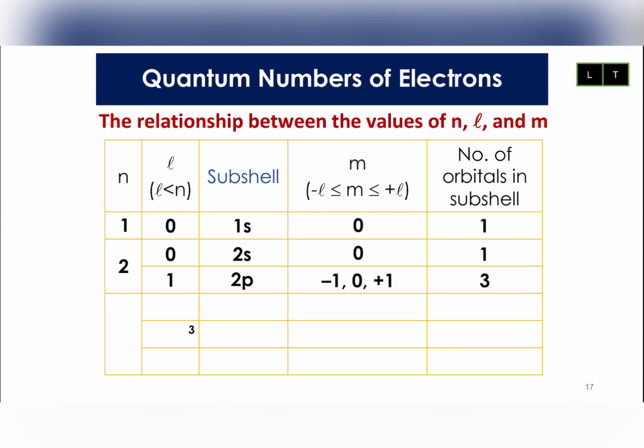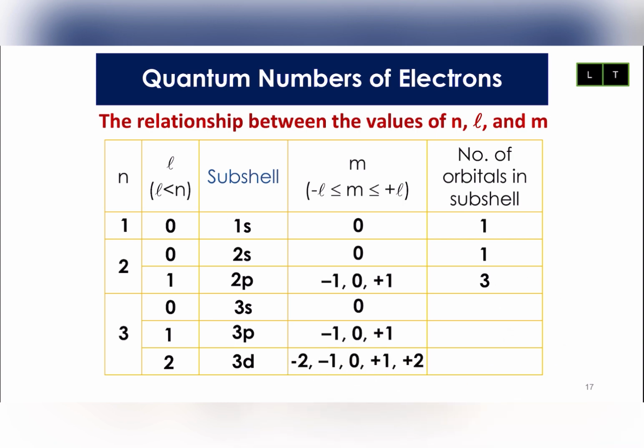Let's go to n equals 3. You can have the values for l: 0, 1, and 2. So your subshells can be 3s, 3p, and 3d. Next, let's continue with 3s. The m value should be 0. For 3p, 3 values, and for 3d, we have 5 values.